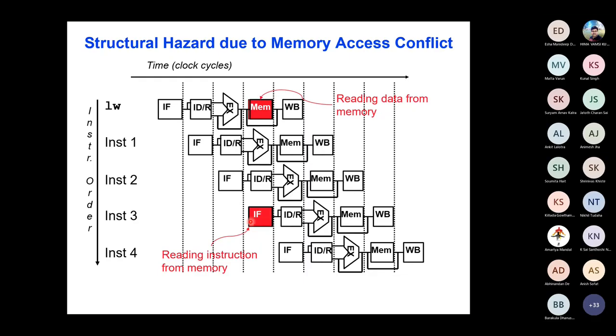So if we have a single memory module in an implementation, what will happen? Can you just move through this pipeline, or do you have to wait? Every memory module, as you know, has an access mechanism like a decoder and read-write bus, and a memory module can be accessed only once in one clock cycle.